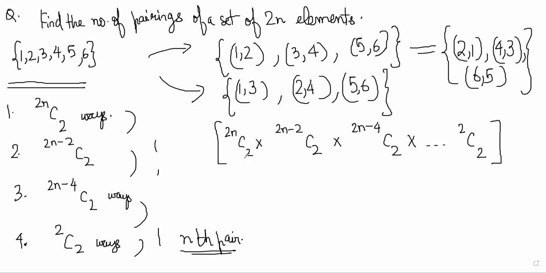Each pairing is counted how many times. So let's focus on some numbers. It will be easier if you understand it by some numbers. 1 2 3 4 5 6 is my set, let's say.